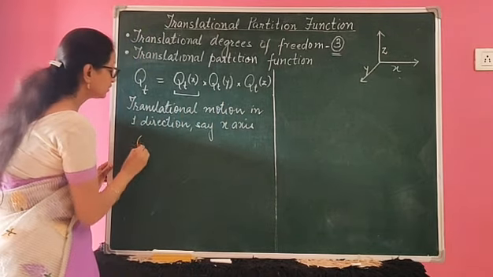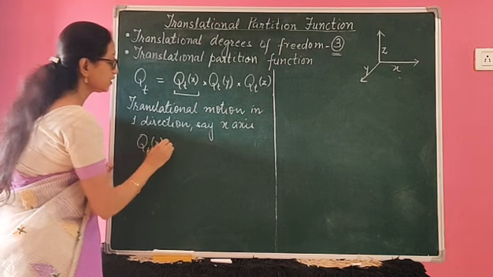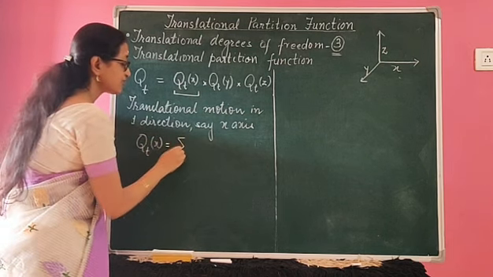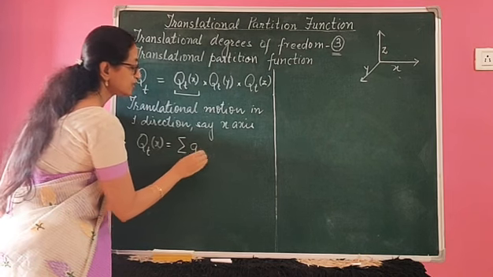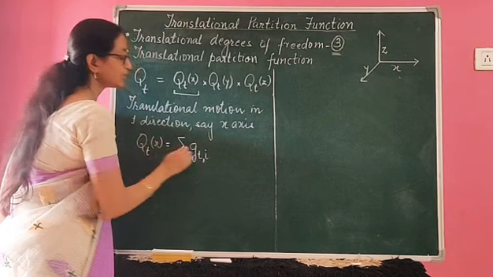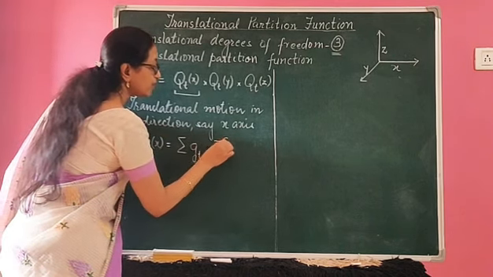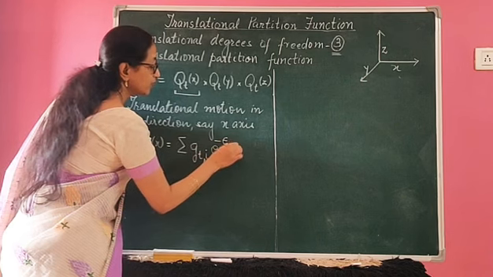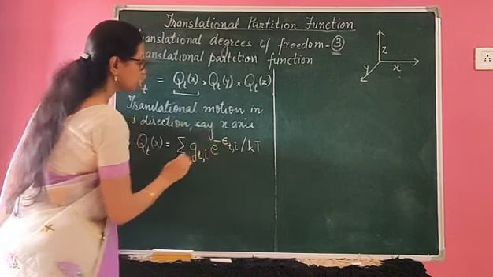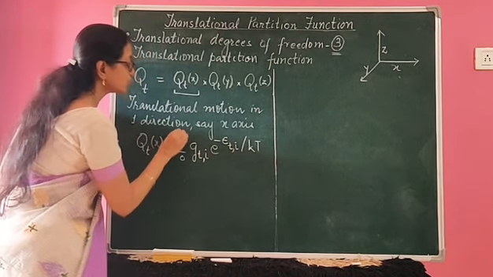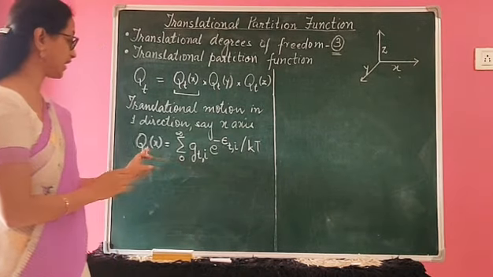Then the translational partition function along x direction will be given by summation gt, this is statistical weight factor for translational energy of ith energy level, e to the power minus Et i upon kT, and this summation is from i equal to 0 to infinity. So this is for x direction.